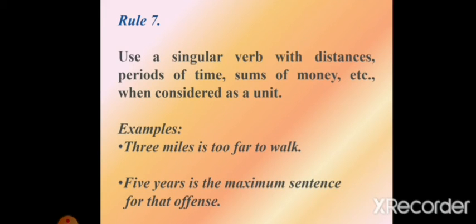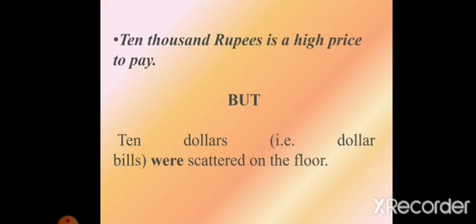Because you are taking it as a singular unit of time, you are using a singular verb, is. Next, "10,000 rupees is a high price to pay." Actually, it is the price. What is the price? 10,000 rupees. You are taking the price as one unit, so it is a high price to pay.